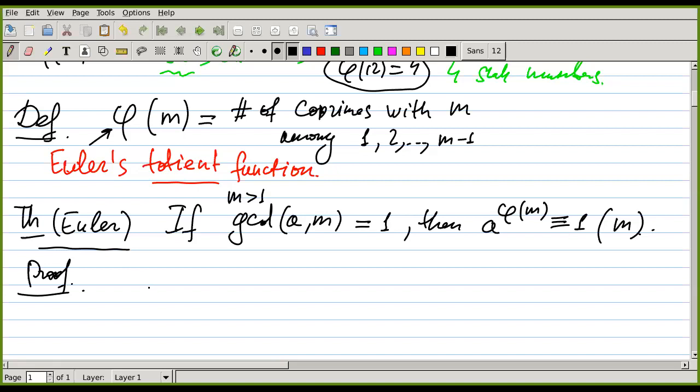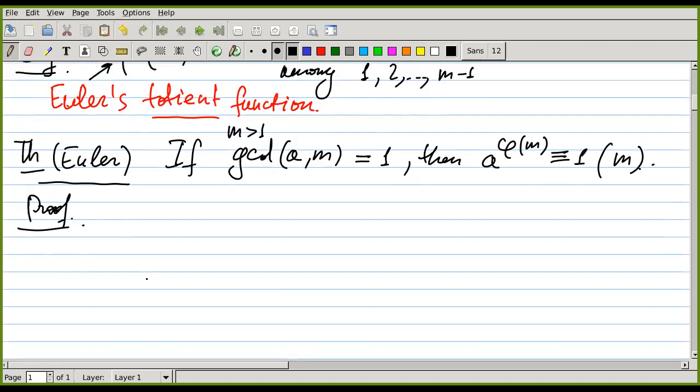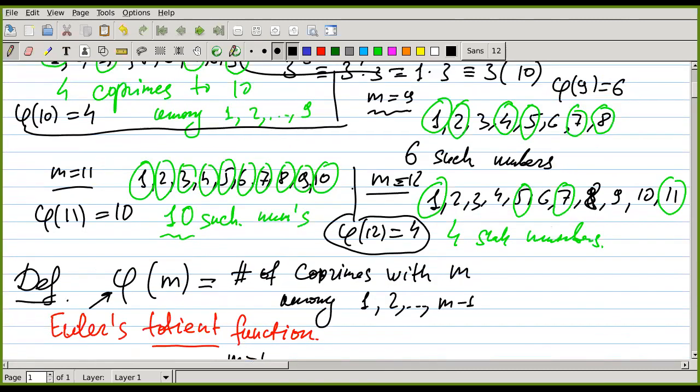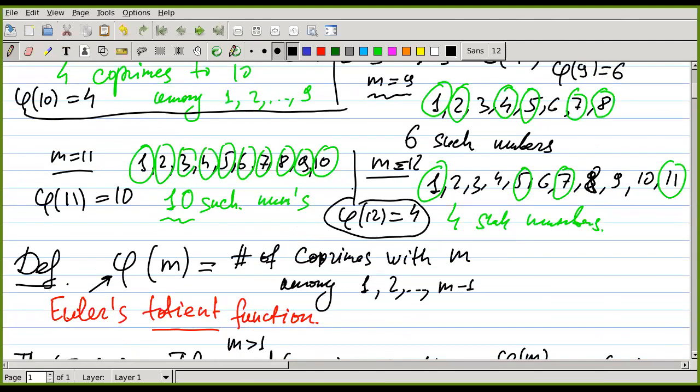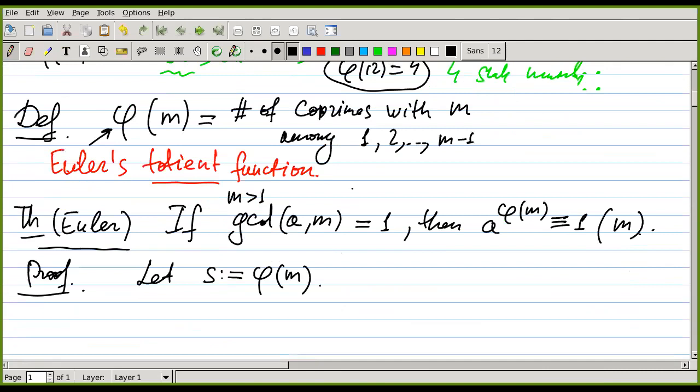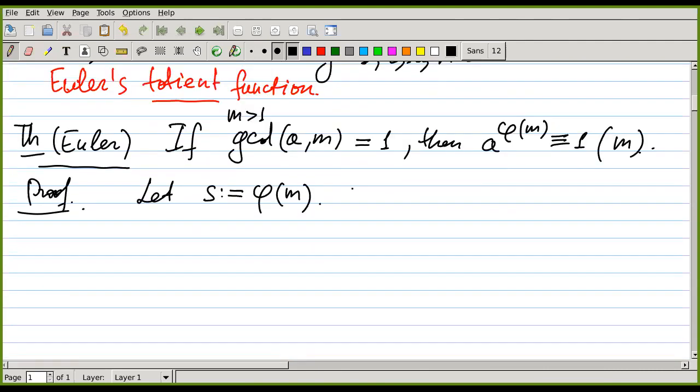So, let's prove it. First of all, let's denote the value of our totient function by s. So, s equals phi of m. That means that there are s numbers among the numbers from 1 to m minus 1 which are co-prime to m.